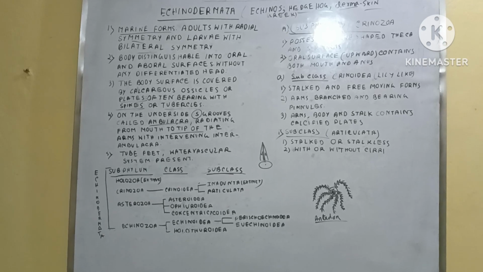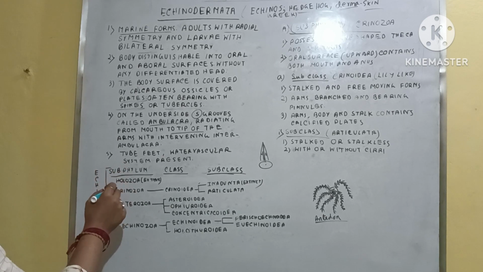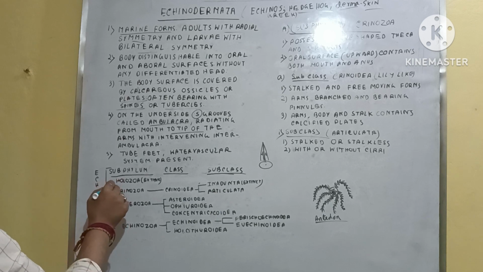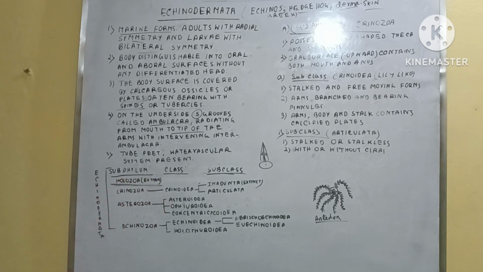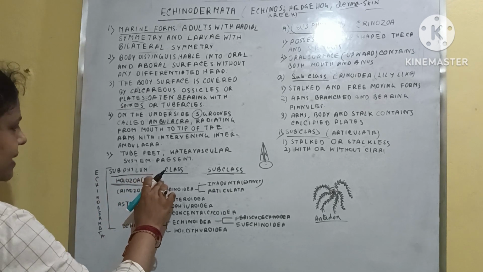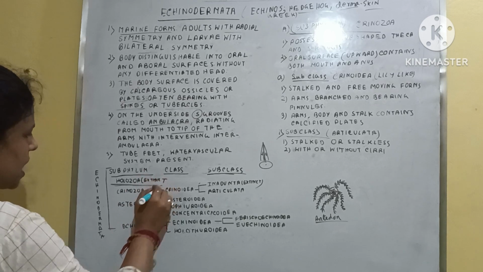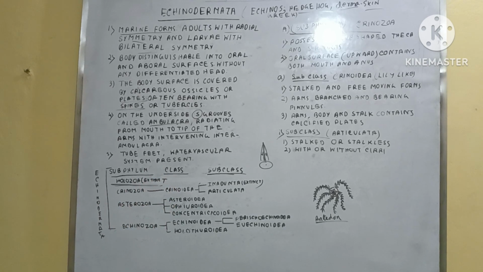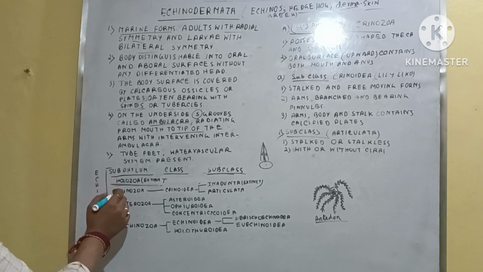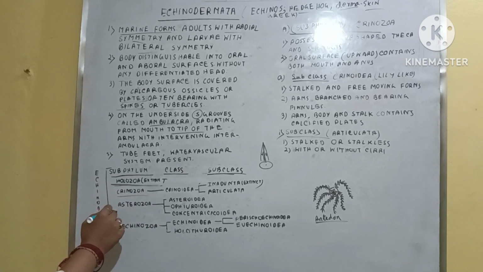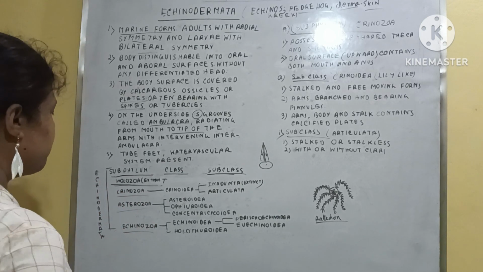So here the 4 subphyla are seen. Here you can see the 4 subphyla, but one is extinct actually. Okay, and the 3 subphyla present now are the Crinozoa, Asterozoa, and Echinozoa.